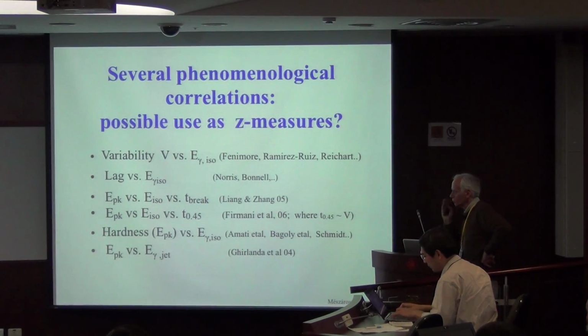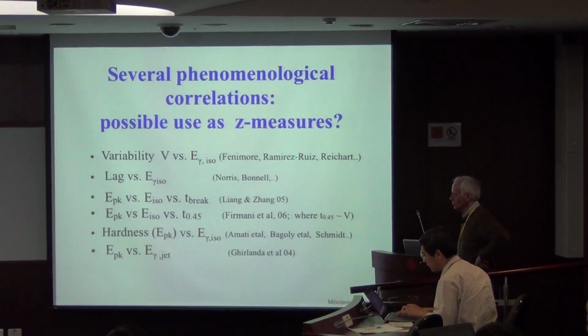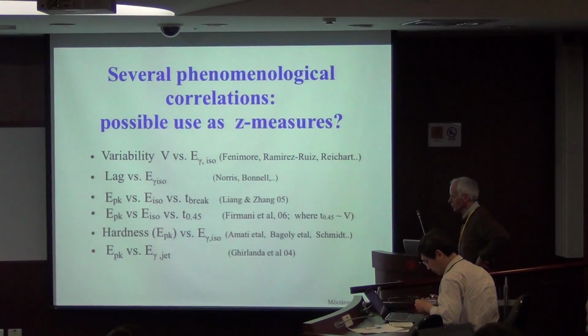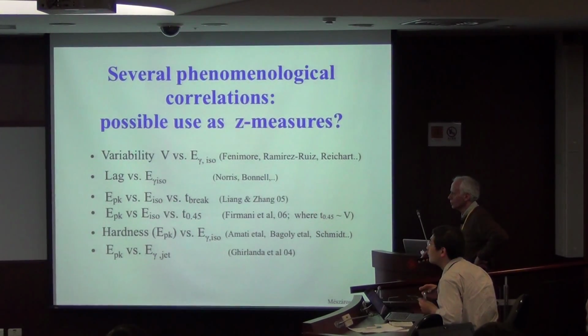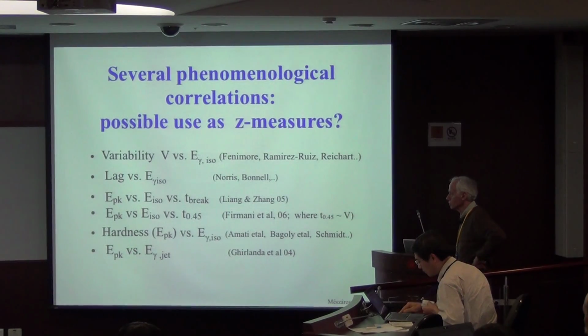Now I mentioned phenomenological correlations. I mentioned two of them in particular, the Amati relation and the Ghirlanda relation. There have been several others. One of them was the variability time scale versus E_gamma,iso. The other was the lag between different energy bands and E_gamma,iso.